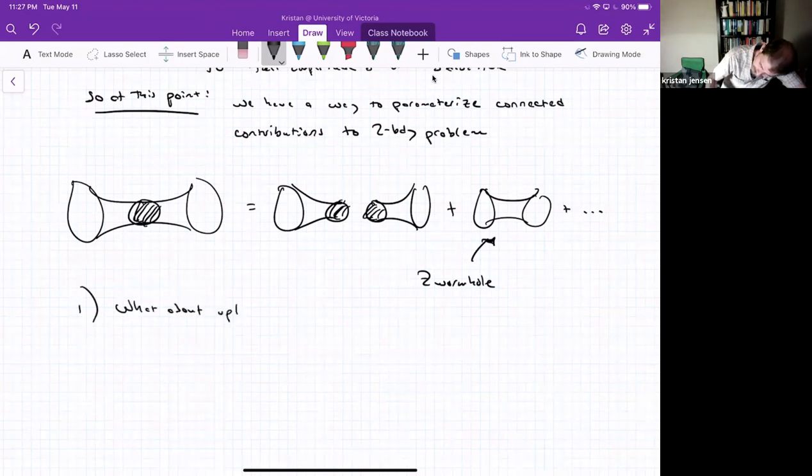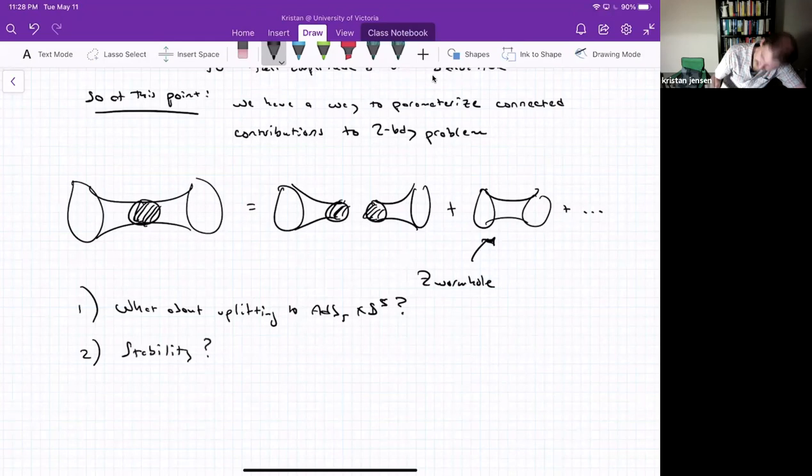So for instance, what about uplifting to AdS5 times S5? Another question is, what about stability of these geometries against perturbative effects as well as brane non-perturbative nucleation processes once we embed these into string theory?